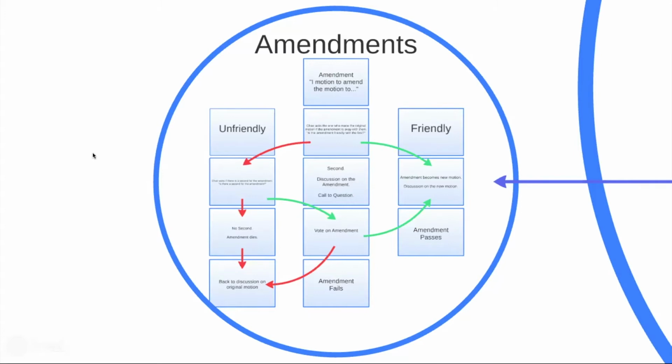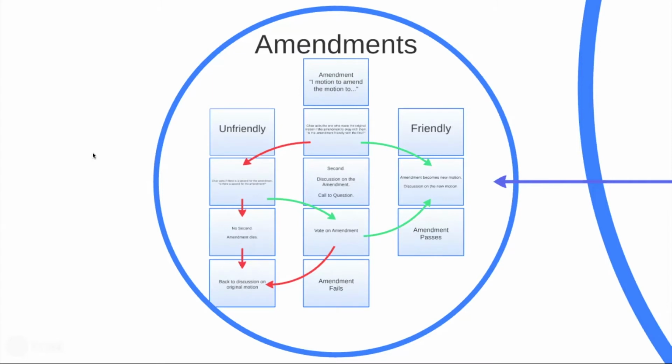If you find yourself in a pickle, so to speak, misspeaking, or maybe as the discussion develops there are things in the motion you want to amend, this is the process: motioning to amend.